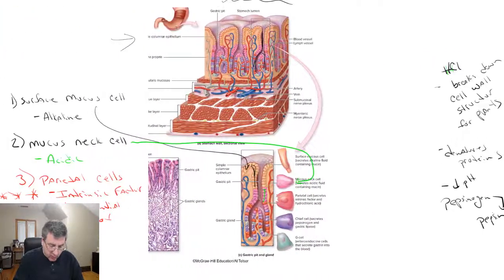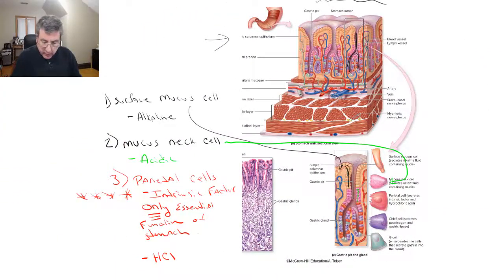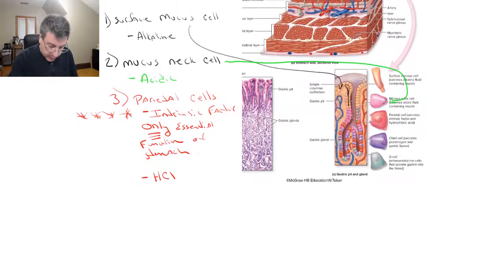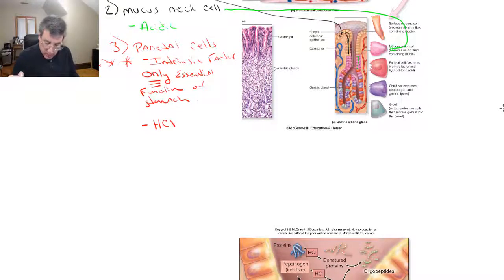So let's go back to this section. Okay, now we're on number 4. The 4th cell type is a chief cell.